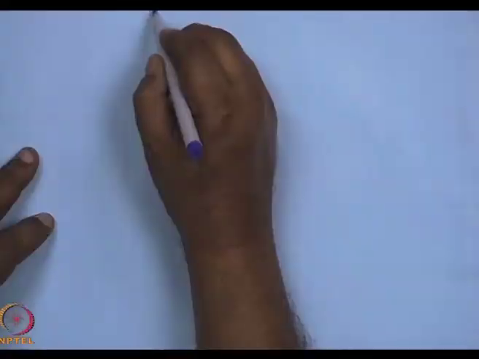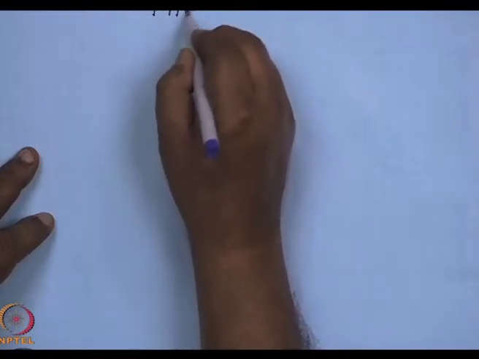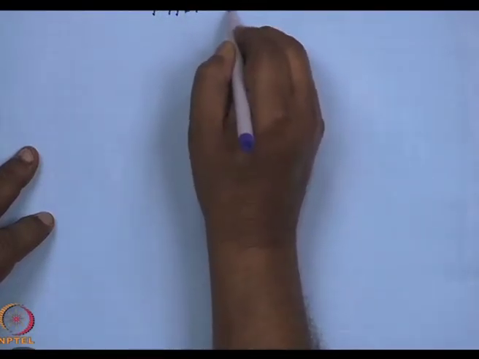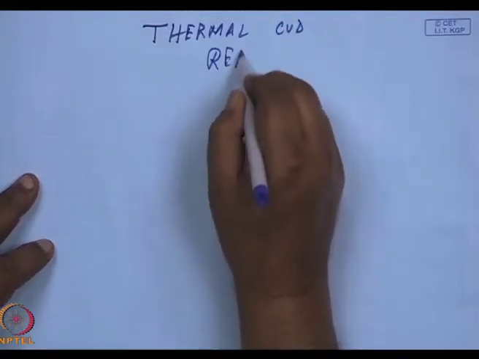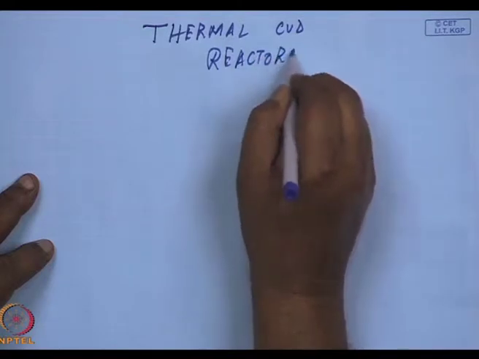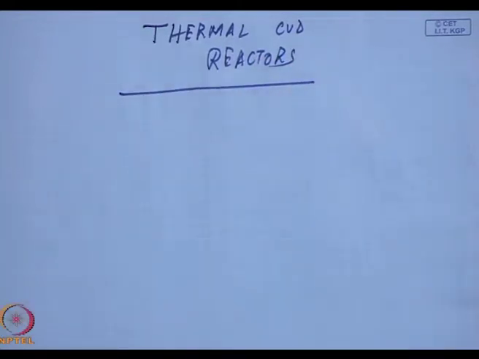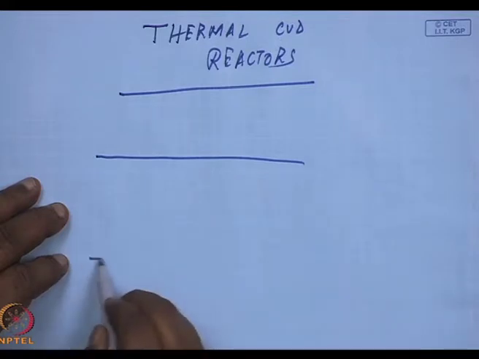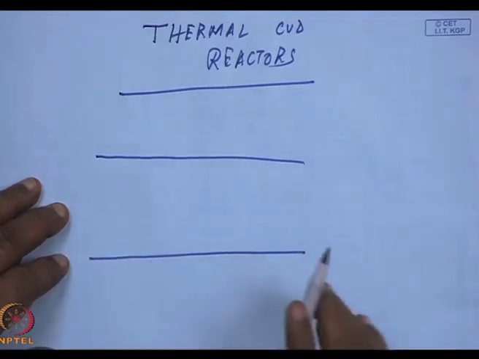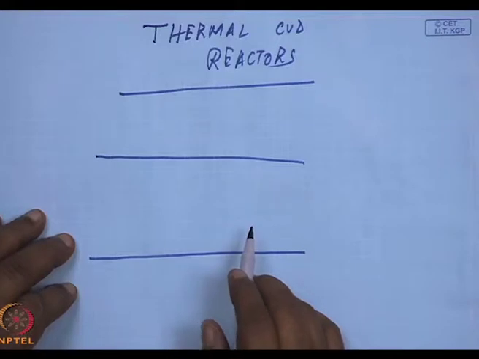Now, CVD can be broken up into many parts. One is the thermal CVD reactors, where what you have is a reactor. Normally it's made up of quartz.